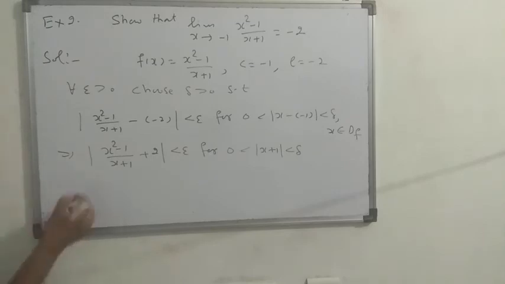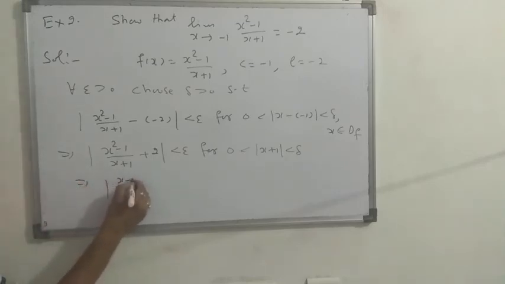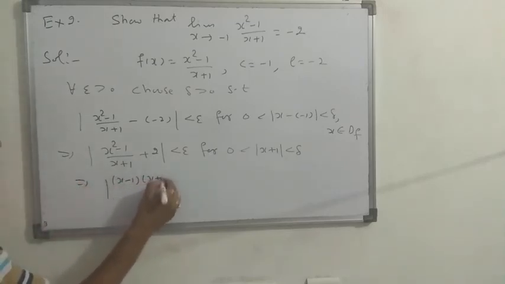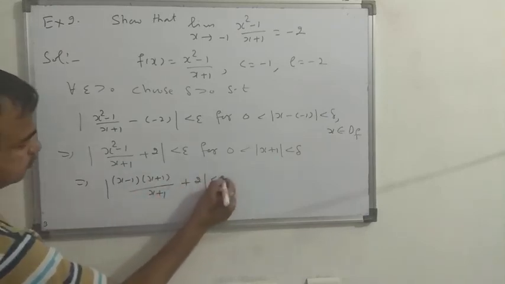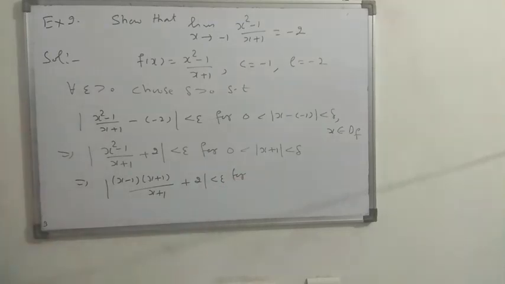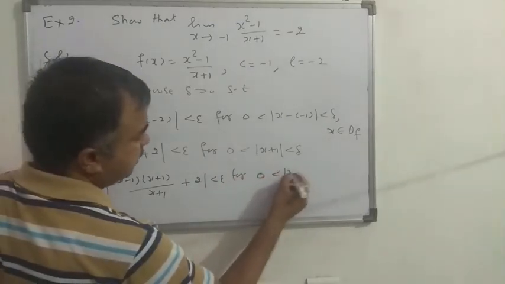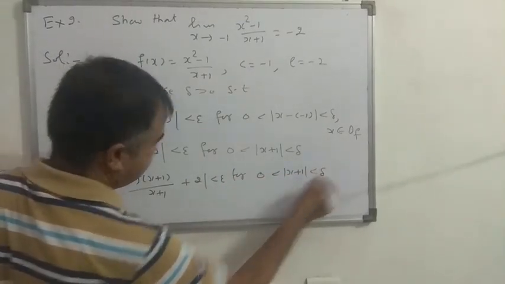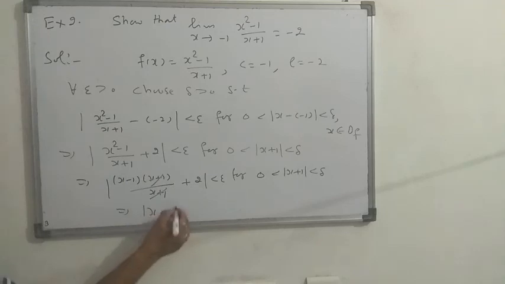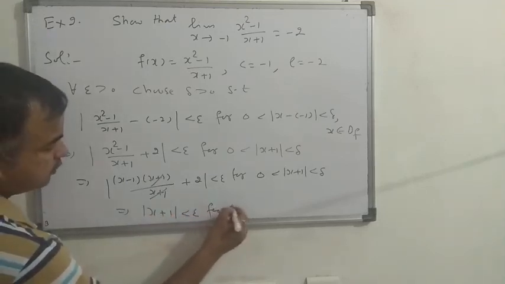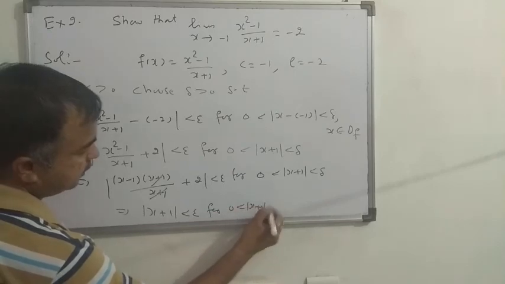So (x minus 1)(x plus 1) divided by (x plus 1) plus 2 is less than epsilon for 0 less than modulus of x plus 1 less than delta. So cancelling, it implies x minus 1 plus 2, which means x plus 1, is less than epsilon for 0 less than modulus of x plus 1 less than delta.